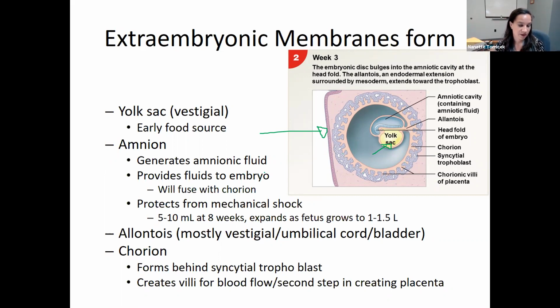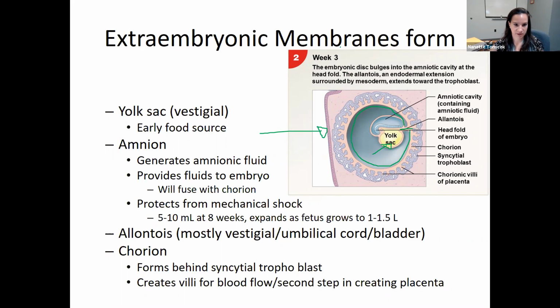Okay, the amnion, again, it becomes very important for generating amniotic fluid, which bathes the baby and acts as a shock absorber. And eventually it's going to fuse with the chorion. But we really need that umbilical cord to grow and stretch out before that chorion can kind of fill this whole empty space here and fuse with that chorion there.